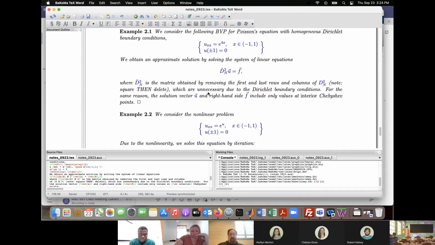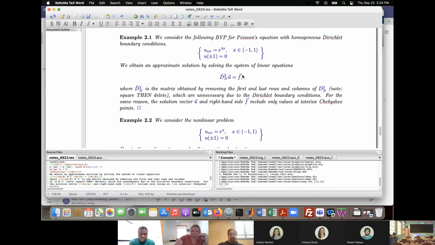Okay. So then this right-hand side will include values of e to the 4x, but only at the interior Chebyshev points. So you exclude -1 and 1. Then you just solve this Ax equals b problem. You just use backslash for this, and bam, you have your solution u at the interior points, and then you know it's 0 on the boundary.